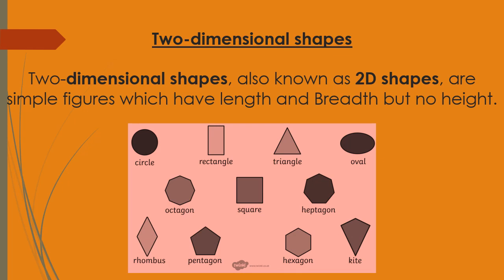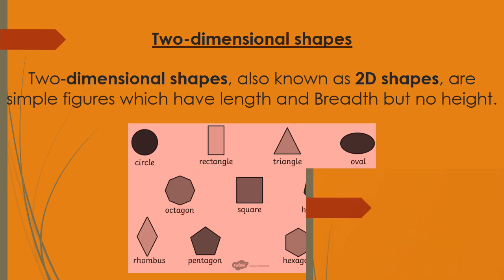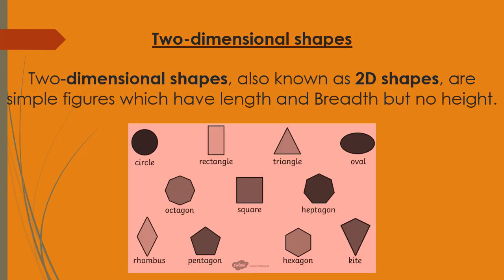Can you see this circle? When we talk about this circle, you can see that it has length and breadth, but can you see the height? Because there is no height, you can't see it.